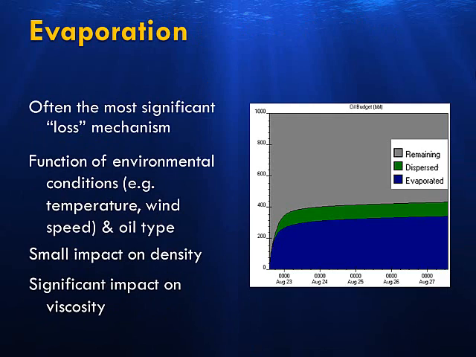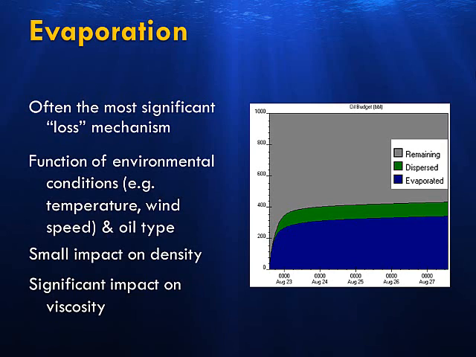This is a screenshot from one of our oil weathering models called ADIOS, which is available on our website. You can download and play with it all you want. This is just showing an oil budget figure of evaporation.